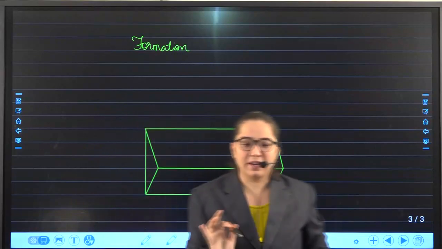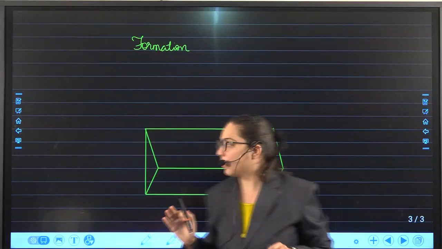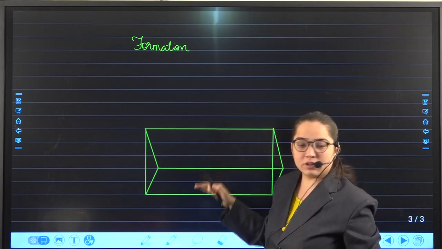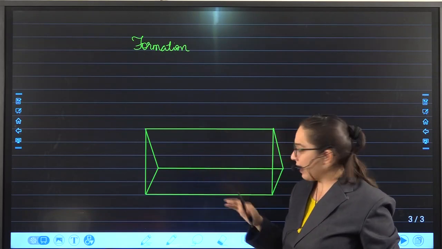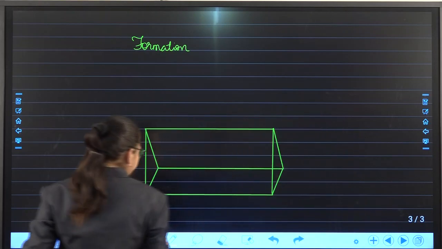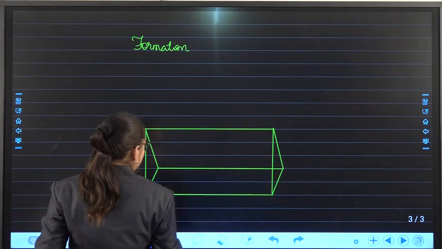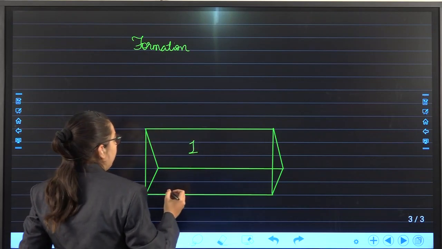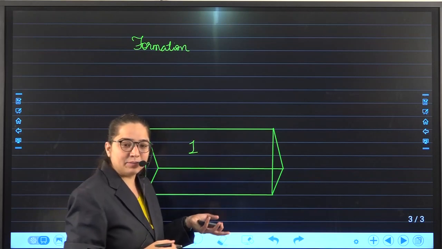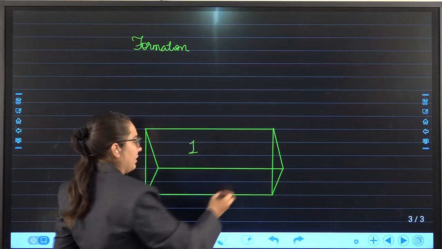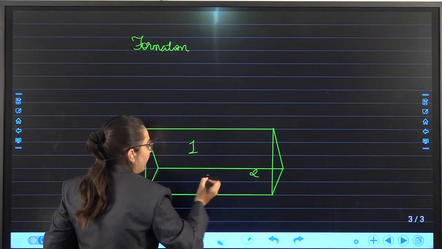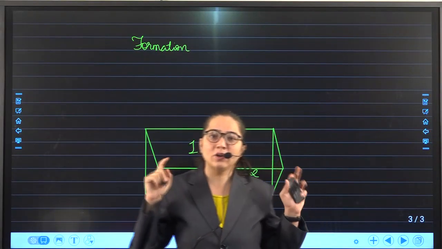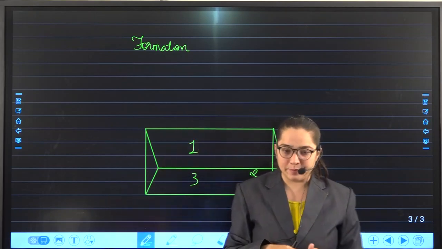This is how we have arranged 3 mirror strips. One you can see on the inner side, one on the outer side, and one at the bottom. So this is surface 1. Then one is behind the mirror. One is outside, the second one that is outside, and the third one which is at the bottom. This is how you have to try to think of it in 3 dimensions.